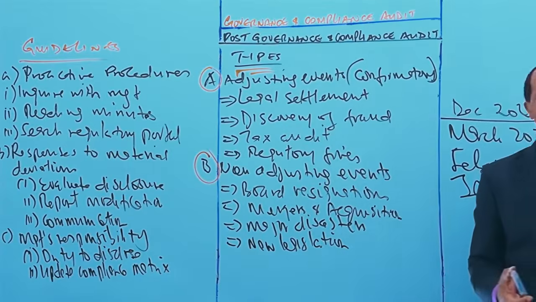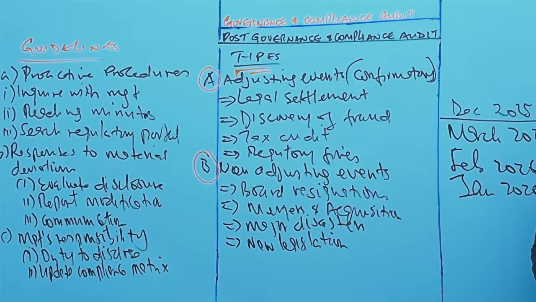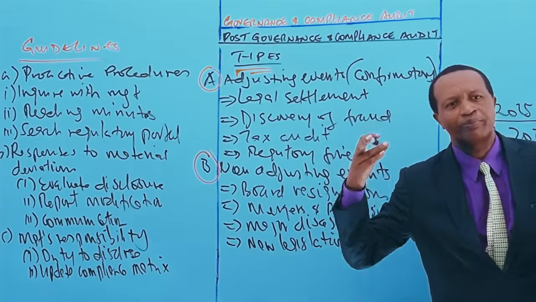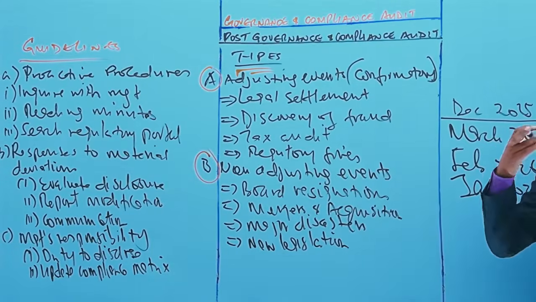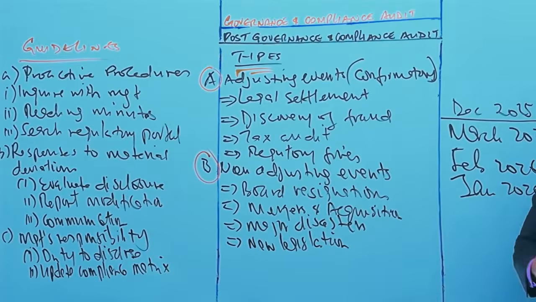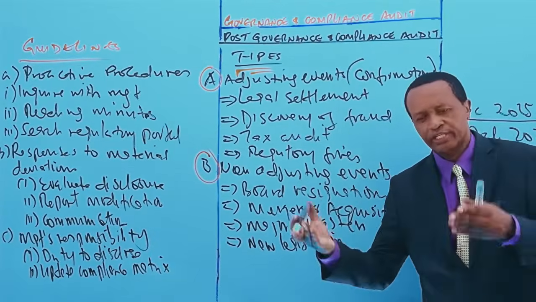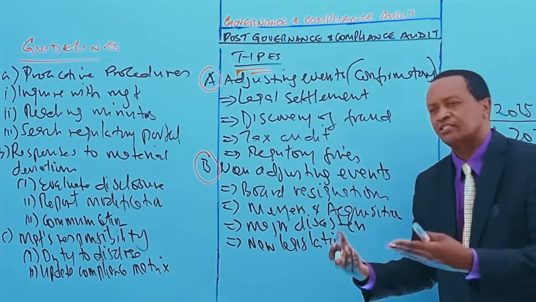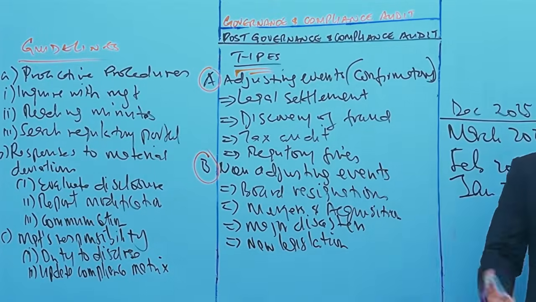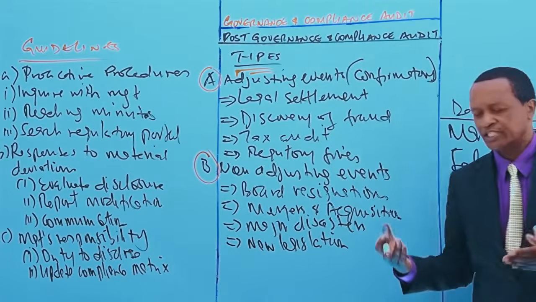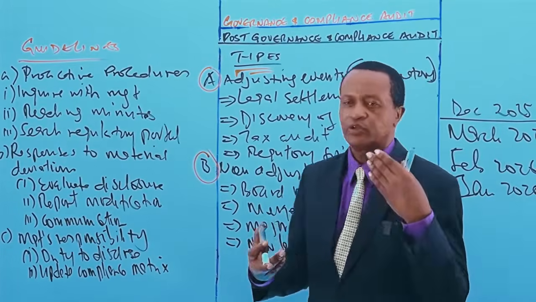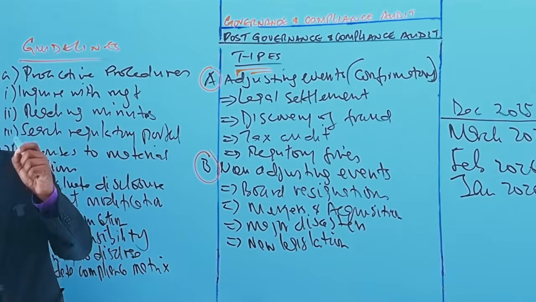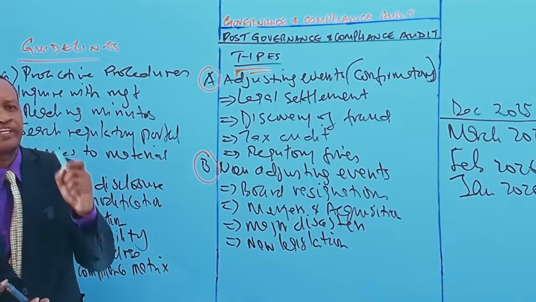The exception is if the fact is so severe that it would have resulted in a qualified or an adverse opinion, then the auditor should discuss the matter with the board, whether the report will need to be recalled or amended in order to prevent misleading the public or the regulators. You understand? That is what we call the post-issuance fact.